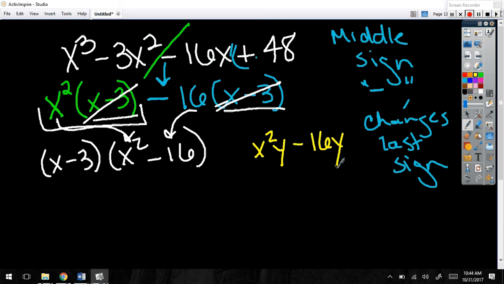Does it have something that you can take out of both of them? The y. If you take the y out, do you write it twice or do you write it once? Once. And what's left?